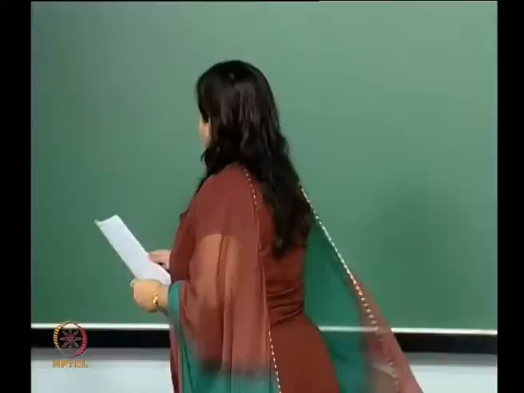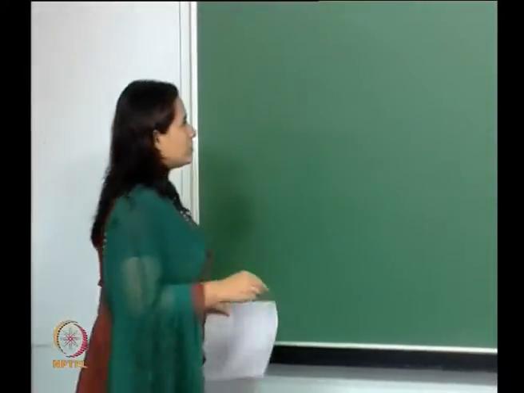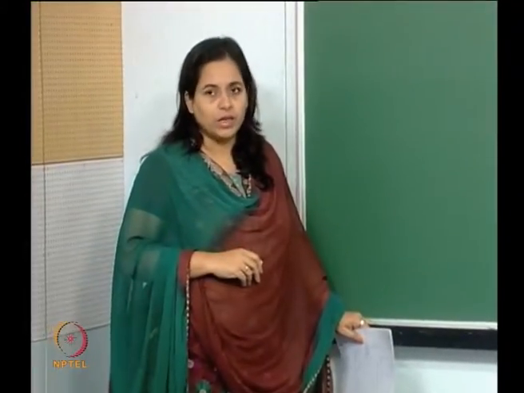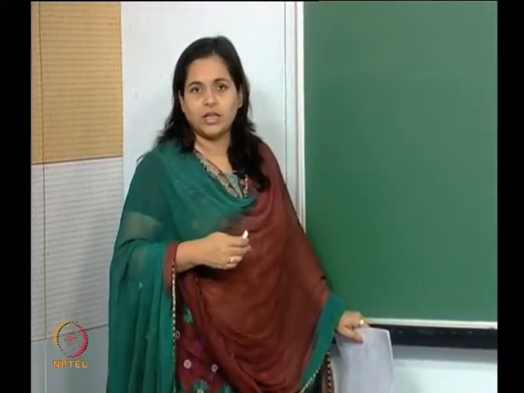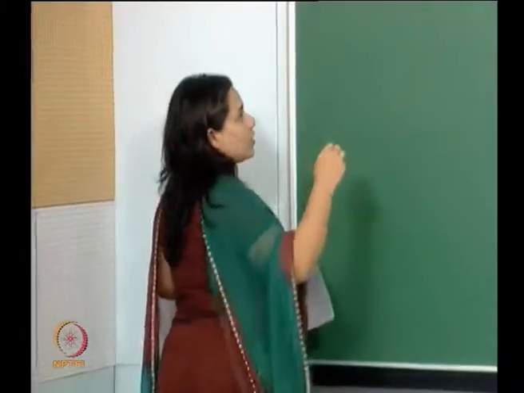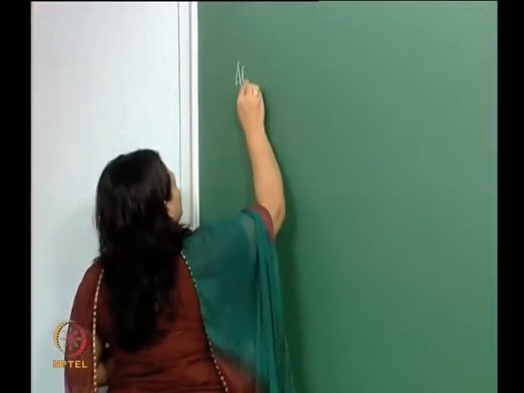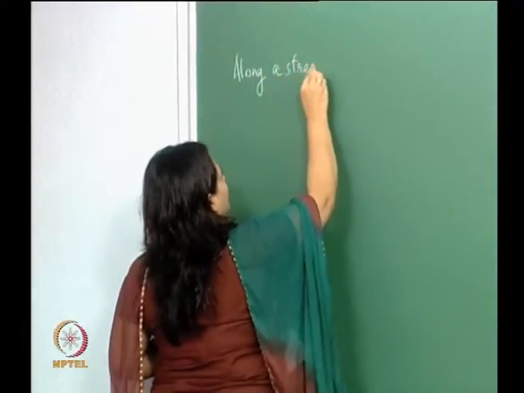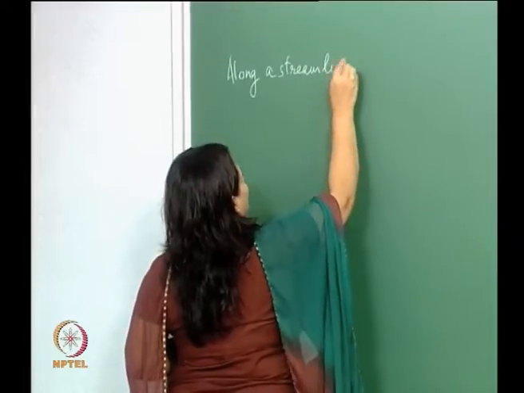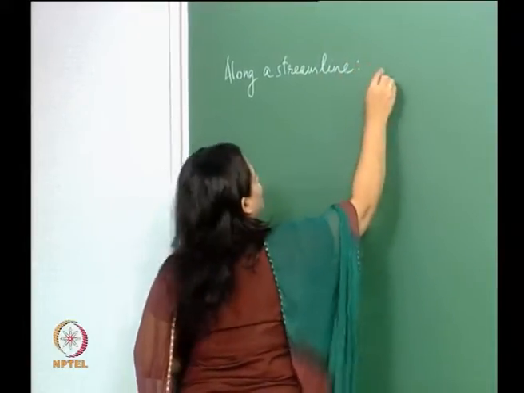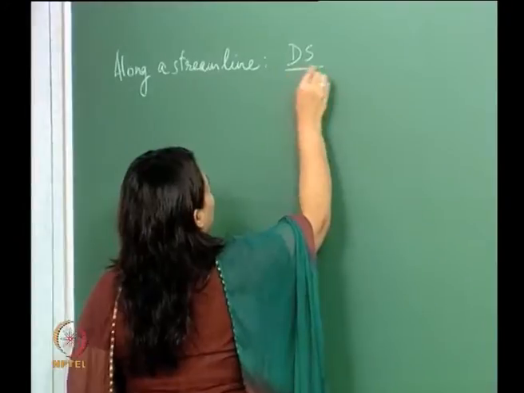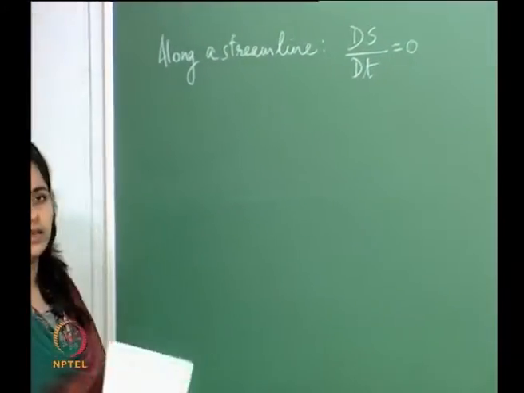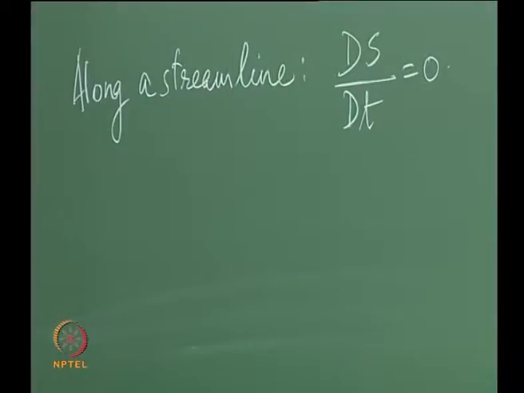Now, each streamline basically has a single value of entropy. Therefore, there is no change in the entropy along a streamline. So along a streamline I can write that as a total derivative.